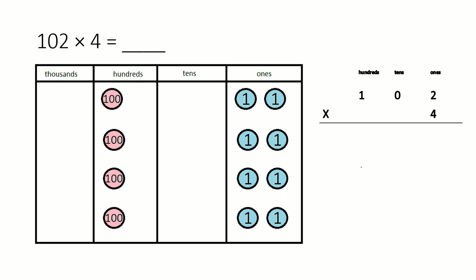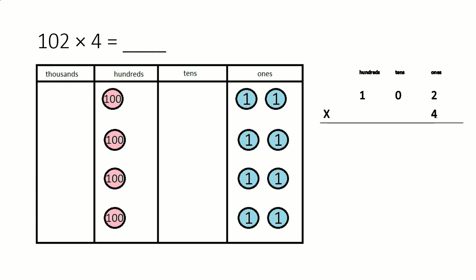So we have 2 ones multiplied by 4. There should be 8 ones. Next, we go on to the tens place. 0 tens multiplied by 4 gives us 0 tens.